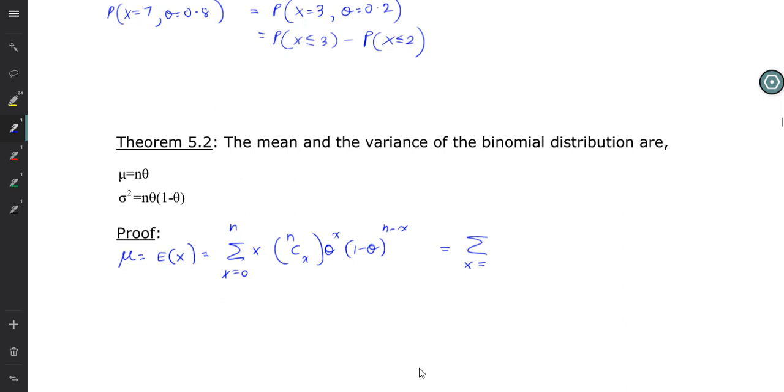When x is 0, what will happen? You have 0 times this whole expression, so the value when x is 0 is 0. So you can omit it and write only from 1 to n, because when x is 0, this whole thing is 0.